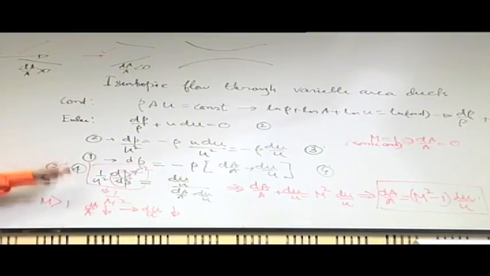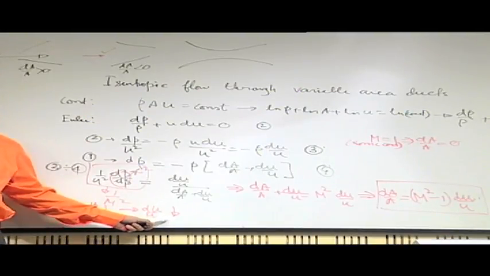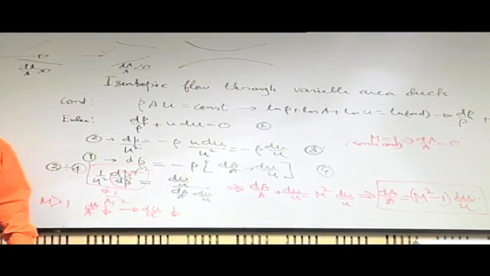That means if area decreases, the velocity also decreases if the flow is supersonic. This is non-intuitive. Incompressible flow consideration will say if area increases, the velocity will decrease.